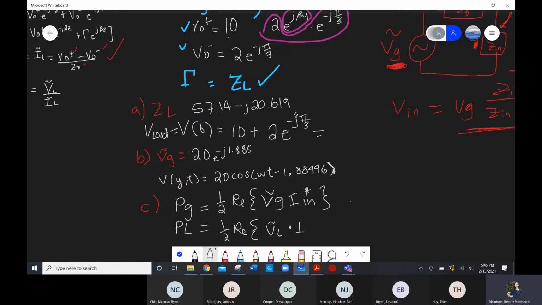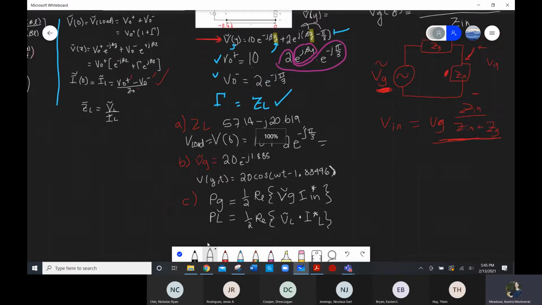Also, a quick pop question. How do I find I in or IL? Don't forget these are conjugates. If you don't put the conjugate, you're going to get the wrong value.